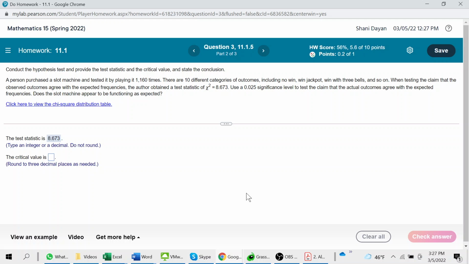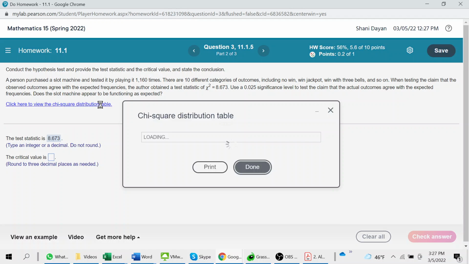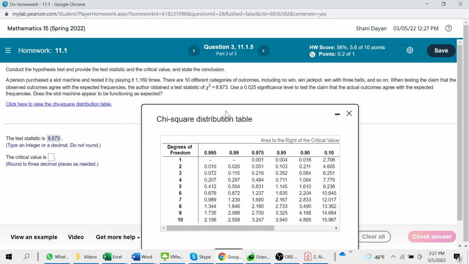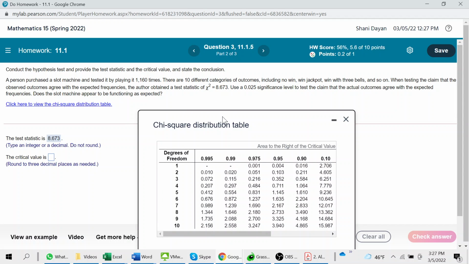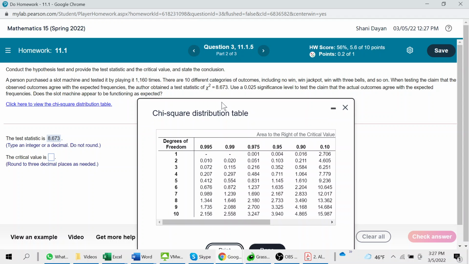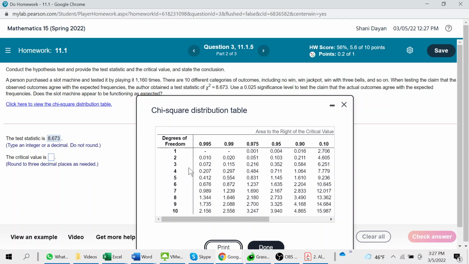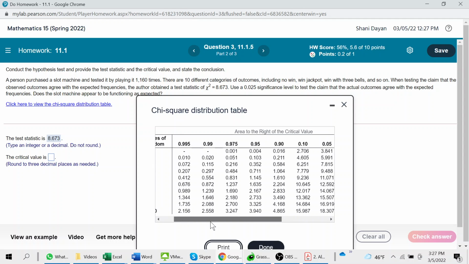Critical value. There are 10 different categories, so that means the degrees of freedom is 9, and it's a 0.025 significance level test.